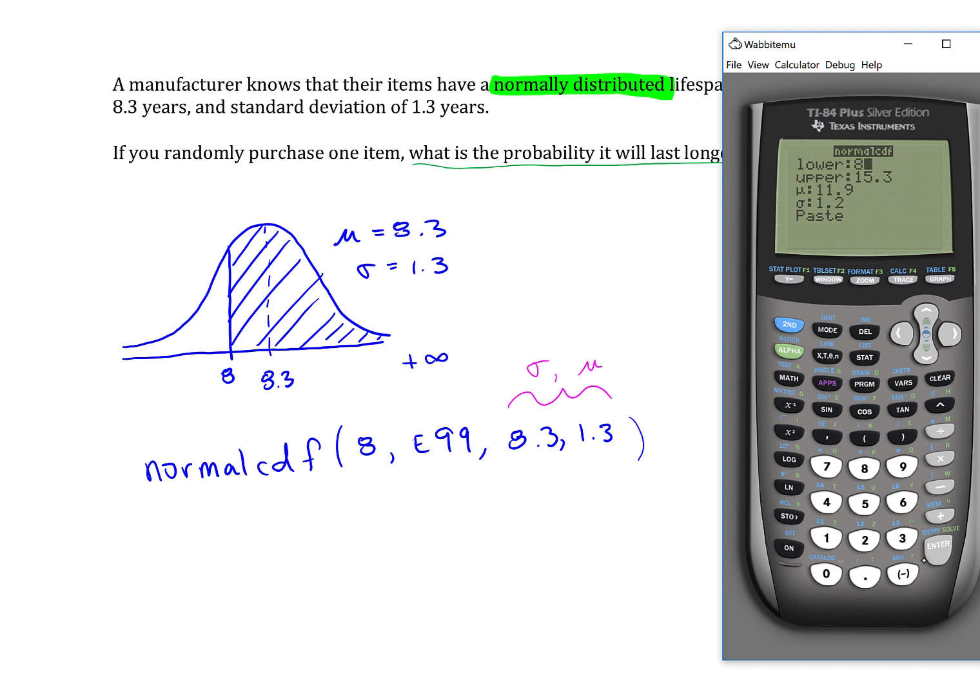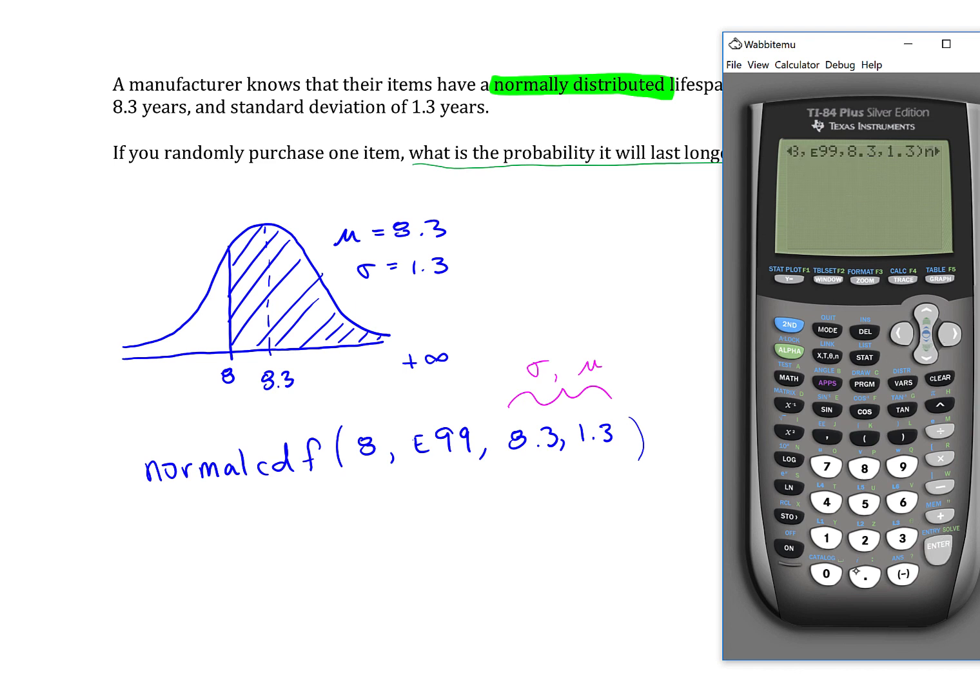And I'm going to type those in here. Lower bound is 8, upper bound, I'm going to do E and 99, so that means a very large number. Oh, and E is second, comma. Then 8.3 and 1.3 as my mean and standard deviation.